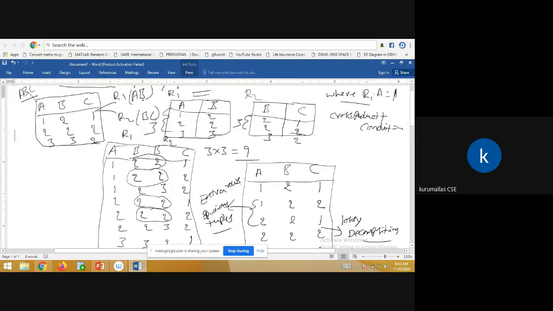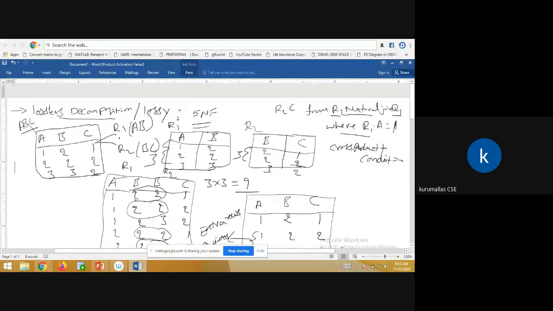The common column should not have redundant values. If you observe here, B22 is a redundant value. We are taking these two tables with this as the common column, so that we get this type of lossy decomposition.